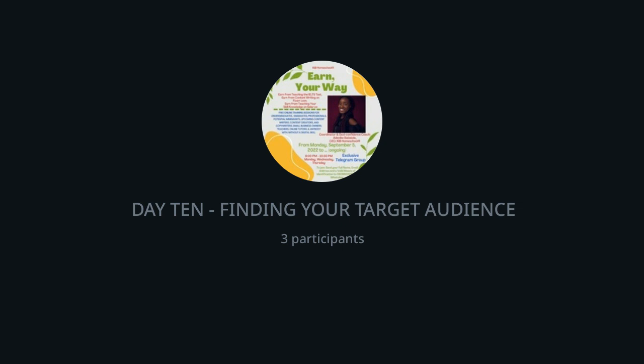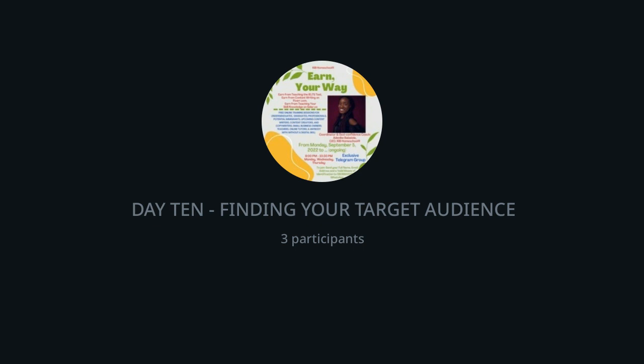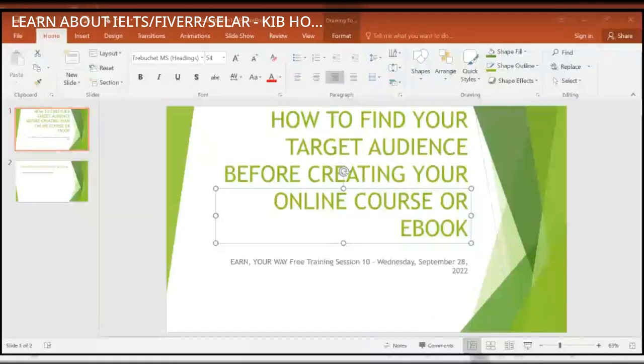So you're going to learn how to find your target audience before creating your online course, ebook, or whatever other service you plan to offer. The goal is that you don't want to create something and then go look for people who will buy it. That might happen in the physical product world, where you can easily find a market once you locate yourself in the right place.